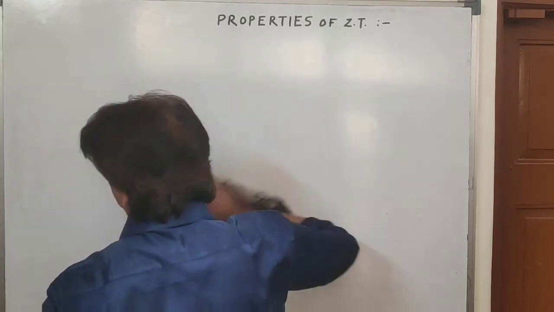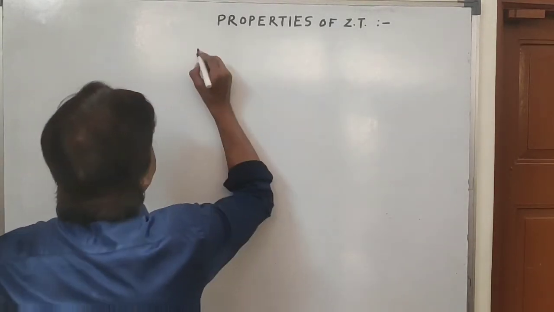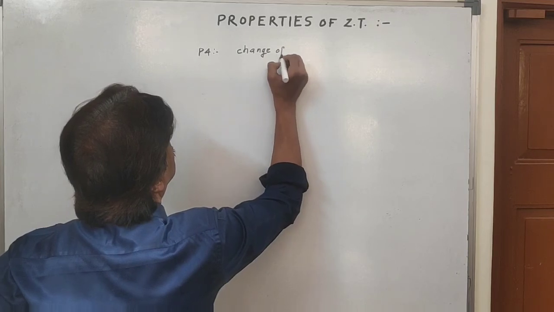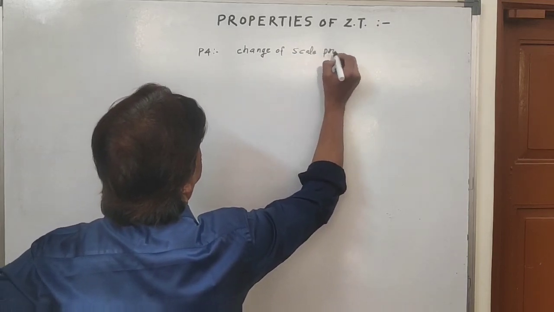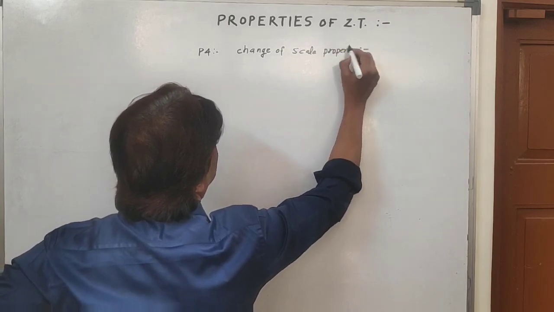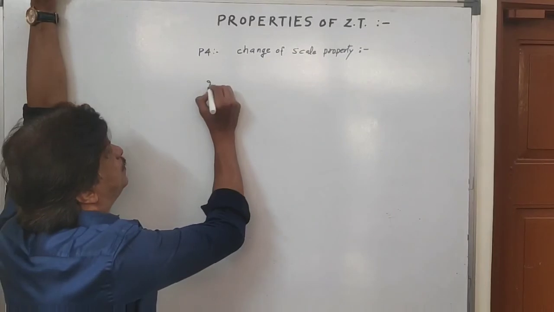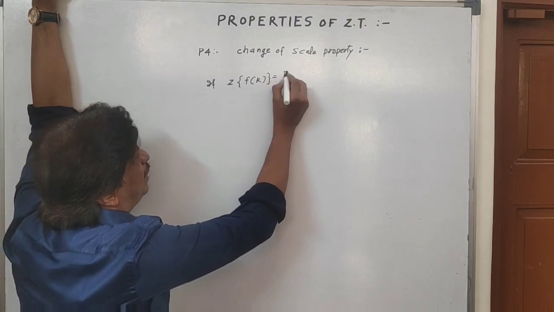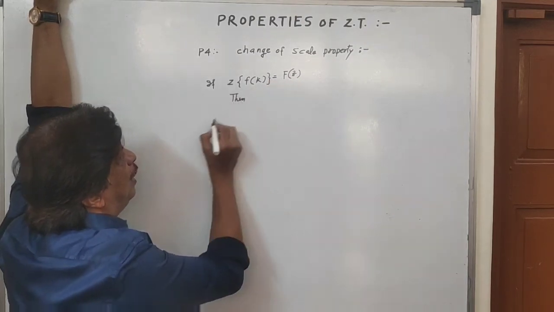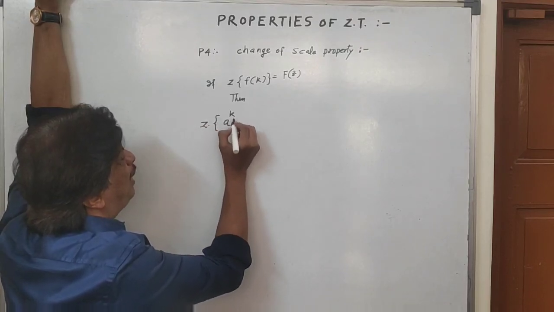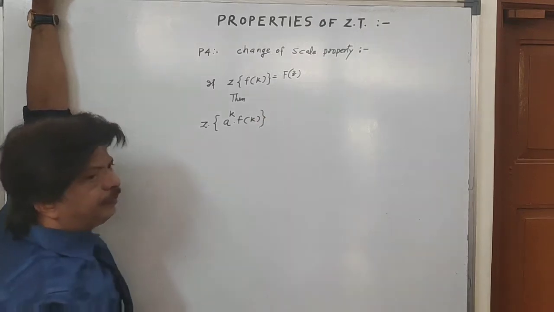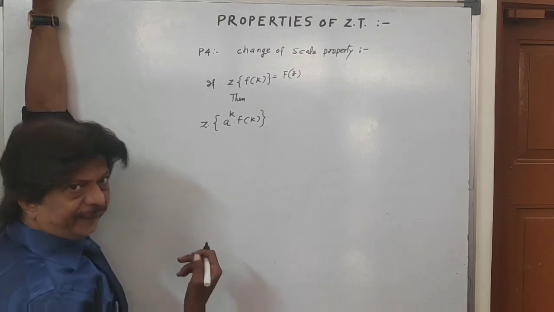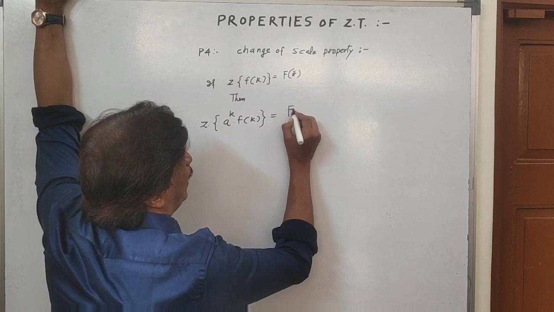Now, the last property is the change of scale property. It says if Z transform of f of k is f of z, then Z transform of a raised to power k into f of k, that is, multiplication by a raised to power k into this f of k, is directly written as f of z by a.